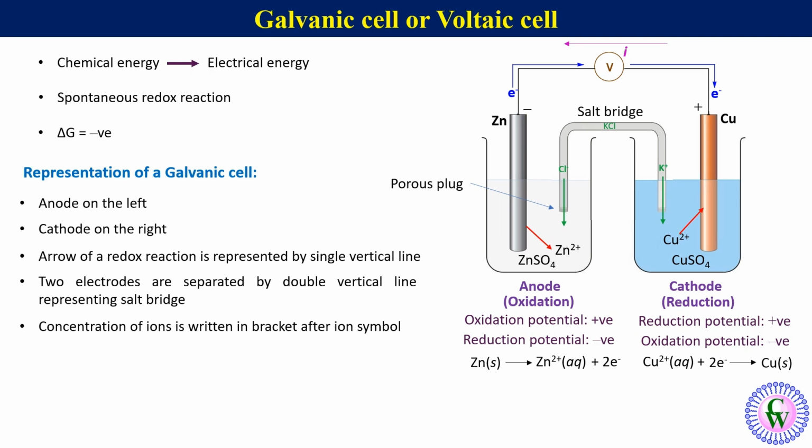So, anode half cell representation will be zinc solid, vertical line zinc 2 plus aqueous, then we will put double vertical line followed by copper 2 plus aqueous, a vertical line and copper solid. If the concentration of ions is known, say 1 molar, then we will also have to include concentration, and then the representation will be like this.